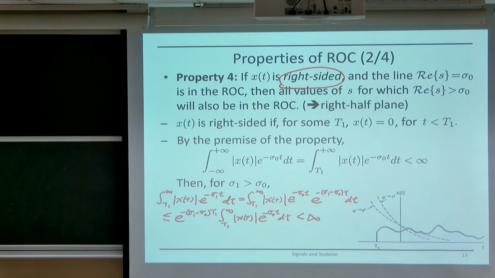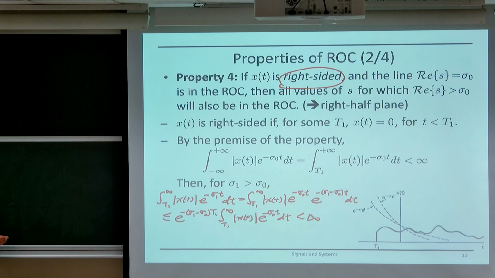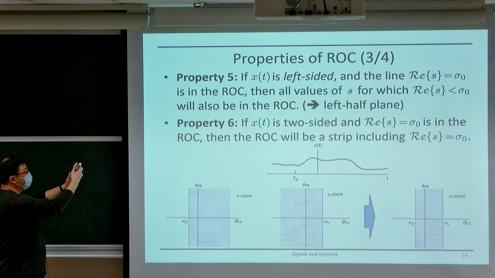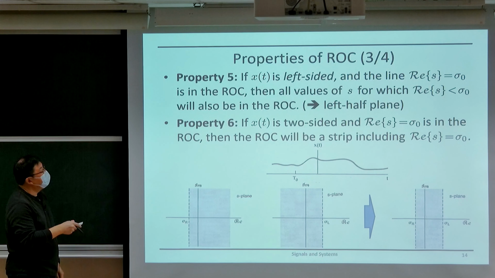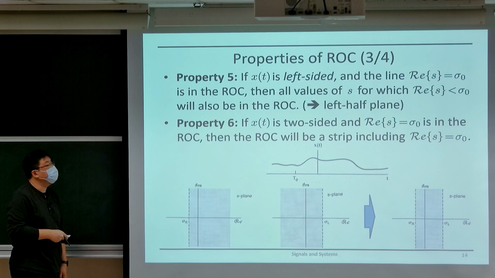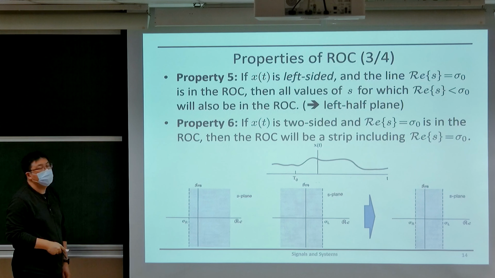So if you can say this for right-sided signals, then you can also say this for left-sided signals, okay? So again, if x of t is left-sided, meaning that it has non-zero values only to the left of some time instant, and you know that the line corresponding to the real part of s equal to sigma 0 is in the region of convergence, then all values of s for which the real part of s is less than sigma 0 should also be in the region of convergence.